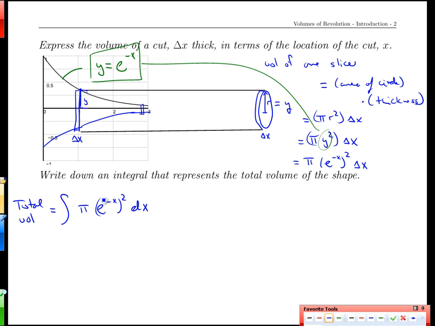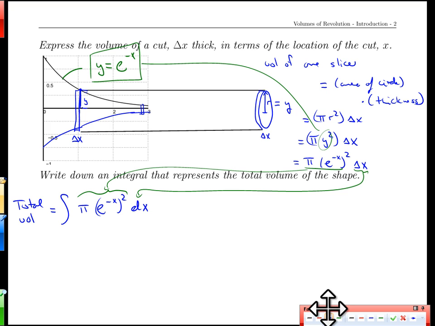Notice we just copy everything down exactly as is. The only thing that changes is the delta x becomes our traditional dx in the Leibniz notation. Last but not least, we just have to indicate where we're starting. This was given in the problem: the boundaries are x equals 0 and x equals 3.